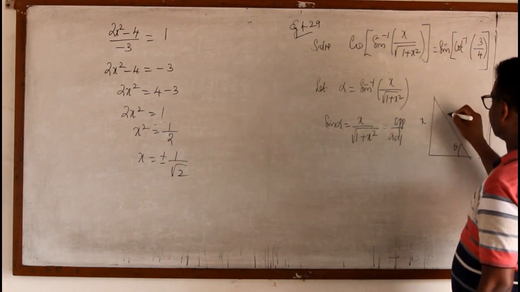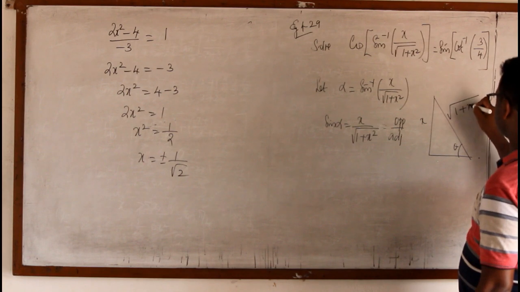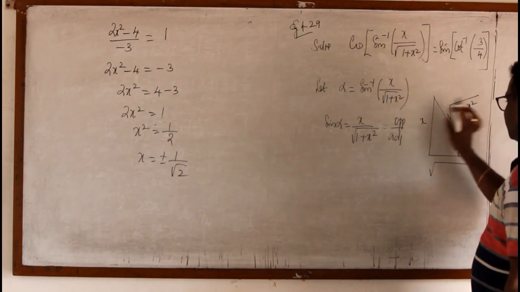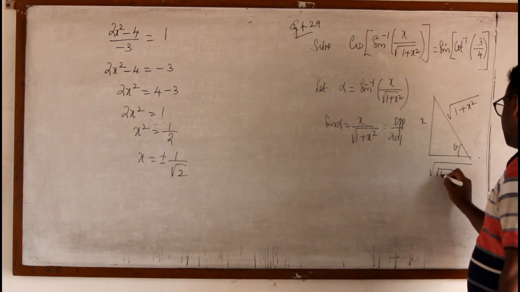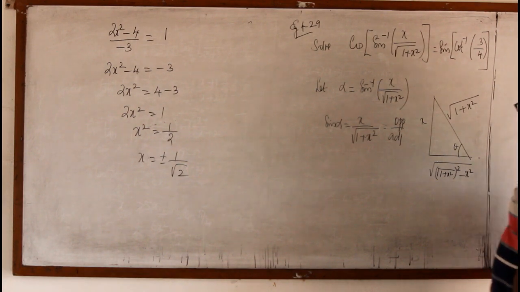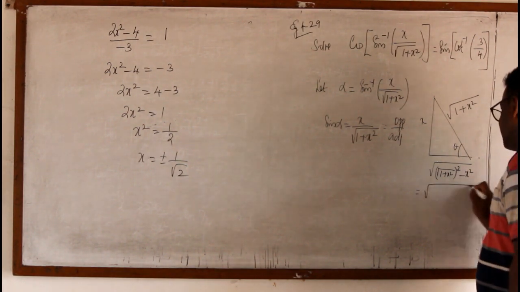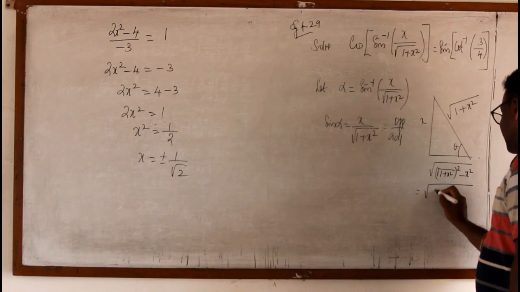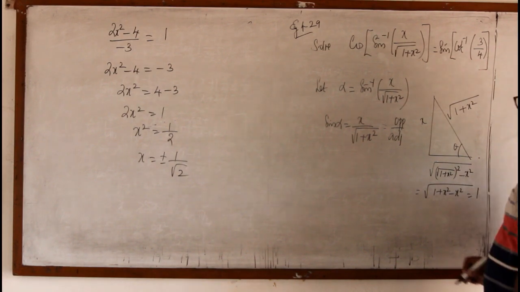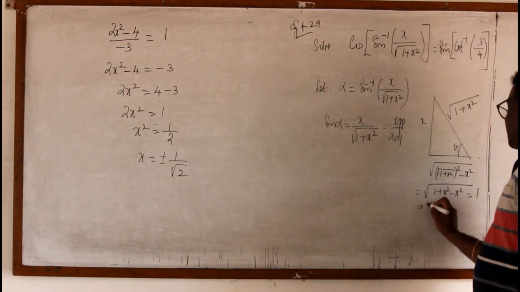Opposite side is x. Hypotenuse is root of 1 plus x square. Then adjacent side will be this term square minus this term square, that is root of the whole square of 1 plus x square minus x square. Shall we write this one as root, and square cancels, 1 plus x square minus x square, which is 1. Therefore adjacent side is 1.